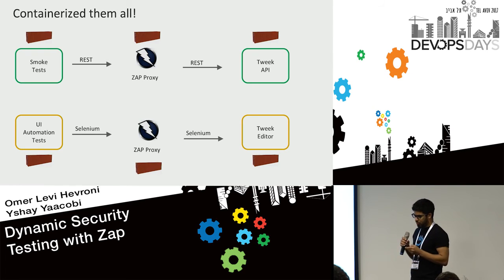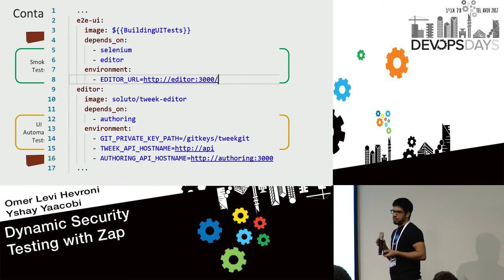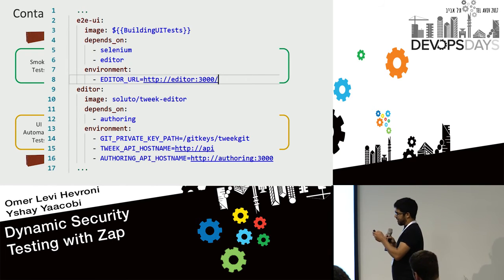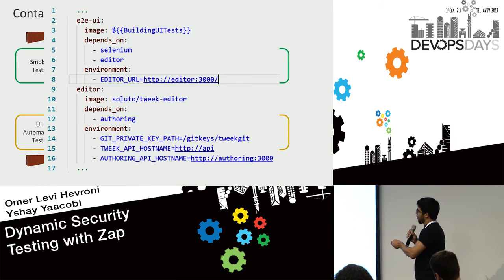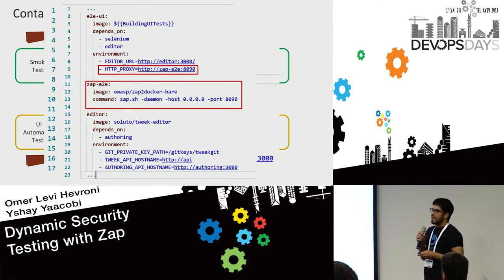So everything is containerized, and how can we set this up? We are going to use Docker Compose. Docker Compose is a YAML format for describing multiple services. We can use it to run all these services locally with Docker, and each service corresponds to a container. And you can see that we have a service definition for the UI test and a service definition for the editor. What I'm going to do is just add a new service definition for Zap based on the Zap image, and add an HTTP proxy for our UI test.